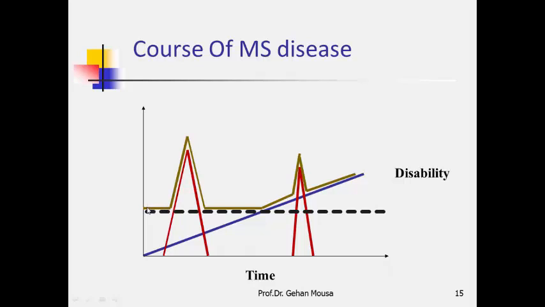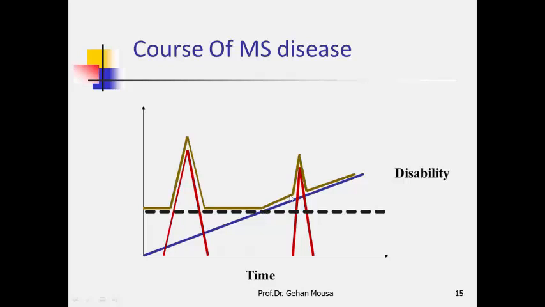The last course is represented by brown. The attack occurred and the patient responds to treatment for a time. Then when any factor increases the attack, with treatment he regains again, but not to the healthy level, only to the level of the first attack, and spends part of his time so.